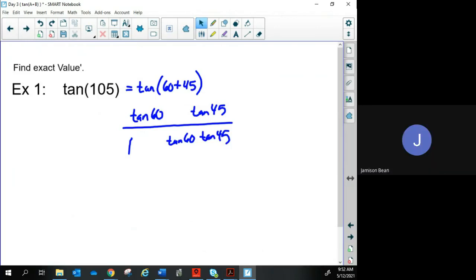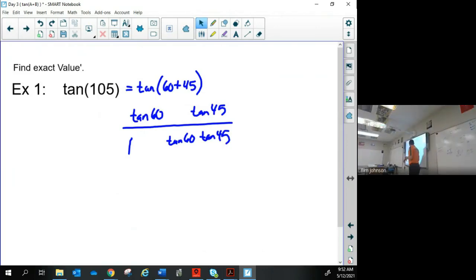Add. It's going to be add. I would agree. Remember, tangent is sine over cosine, and sine was always the same. Sine, same. So if we're adding, the signs are the same there with tangent. So we have a plus on the top. We've got a minus on the bottom.